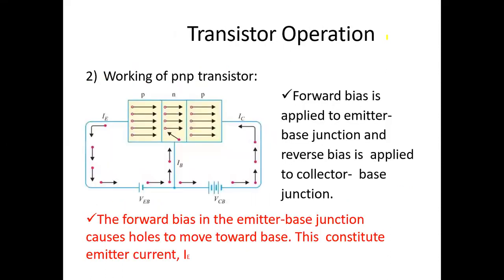For the operation of the PNP transistor, forward bias is applied to the emitter-base junction, and reverse bias is applied to the collector-base junction. The forward bias of the emitter-base junction causes holes to move towards the base, and this constitutes the emitter current.